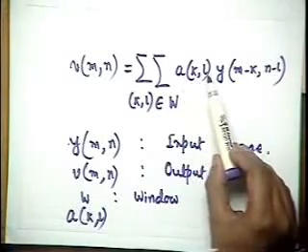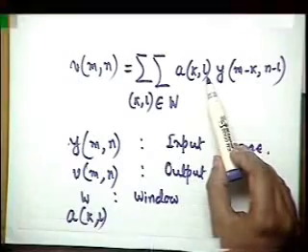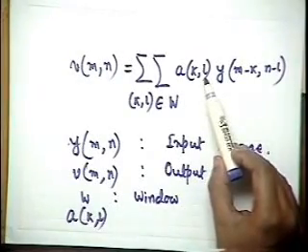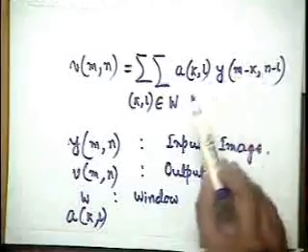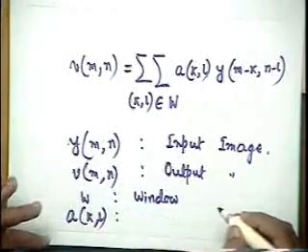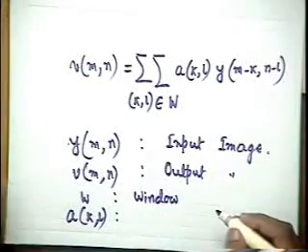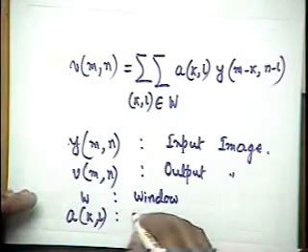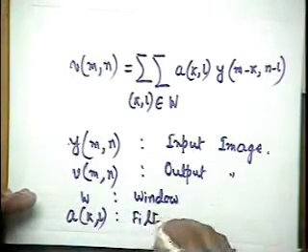So, what kind of a spatial operation are we doing? We are doing a two-dimensional convolution operation on this. Just try to recollect our definition of the 2D convolution. What we are simply doing is a 2D convolution, and a(k,l) define the filter's coefficients. So a(k,l) are the filter coefficients.